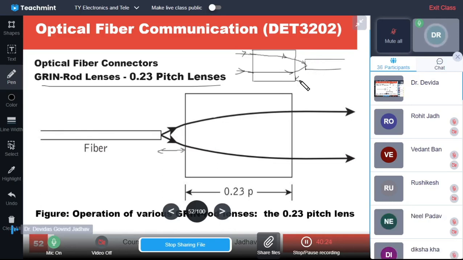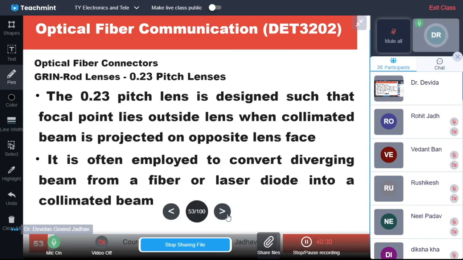So there may be a distance which can be maintained, and in this way the 0.23 pitch lens helps easy assembly as compared to the 0.25 pitch lens.